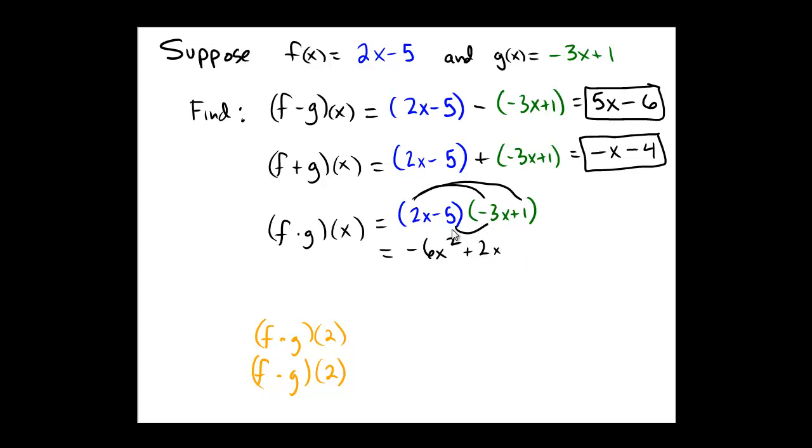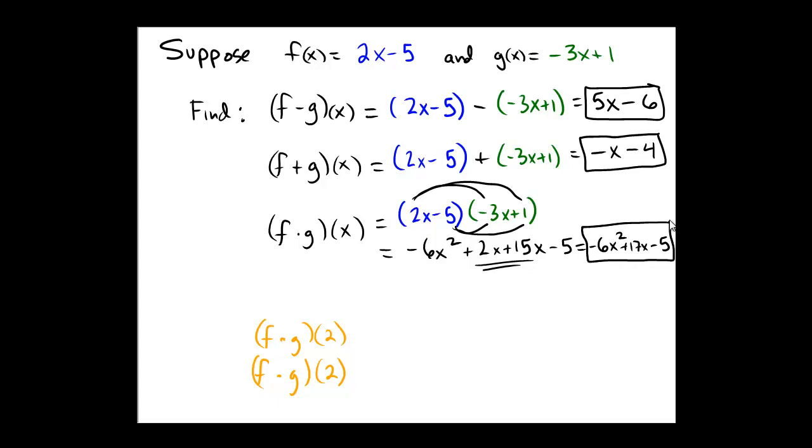Inside, negative 5 times negative 3 is 15, so this would be a plus 15x. And then the lasts, we'd have negative 5 times 1 for minus 5. After collecting those two terms in the middle together, we get negative 6x squared plus 17x minus 5.